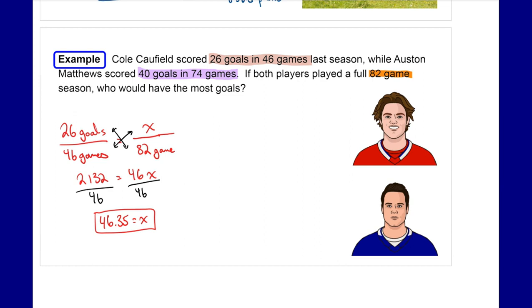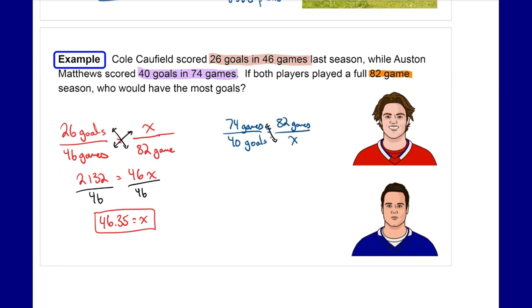For Auston Matthews, he had 40 goals over... actually, let me do this in reverse. He had 74 games over 40 goals, or it took him 74 games to score 40 goals, however you want to consider it. And we want to say if he played 82 games, how many goals would he get?